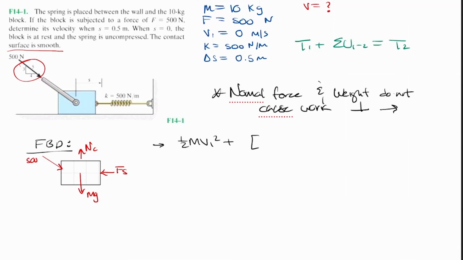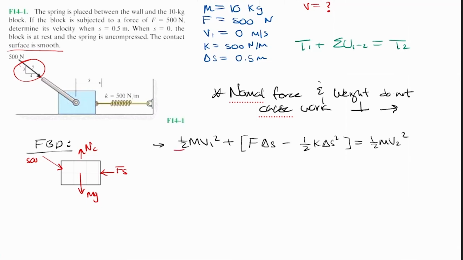So with the spring, all right, this will be plus the force F, the 500, times delta S. And this will be minus 1/2 times the spring constant K times delta S squared, equals 1/2 mass times V2 squared.